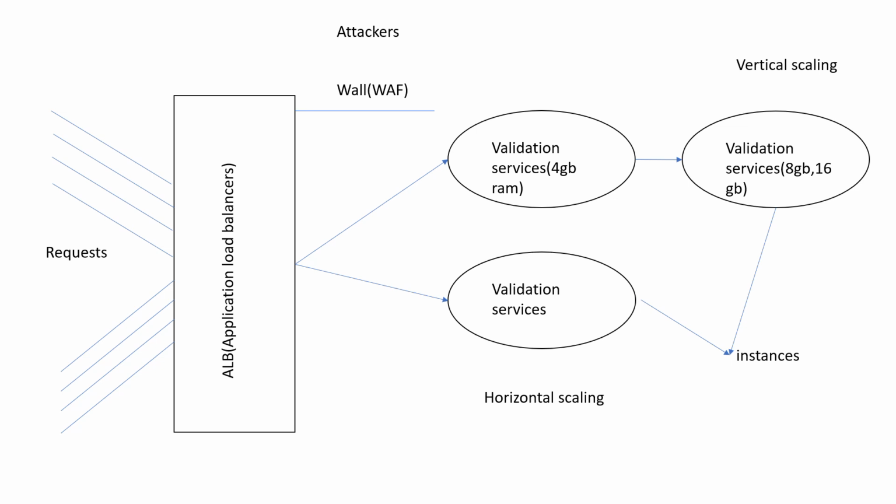Now, what is horizontal scaling? We have seen the validation service is divided into an instance, and we enlarge the memory. Horizontal scaling basically will create the same instance, a copy of that instance. It won't be increasing any size, like it won't be increasing 4 GB to 8 GB.